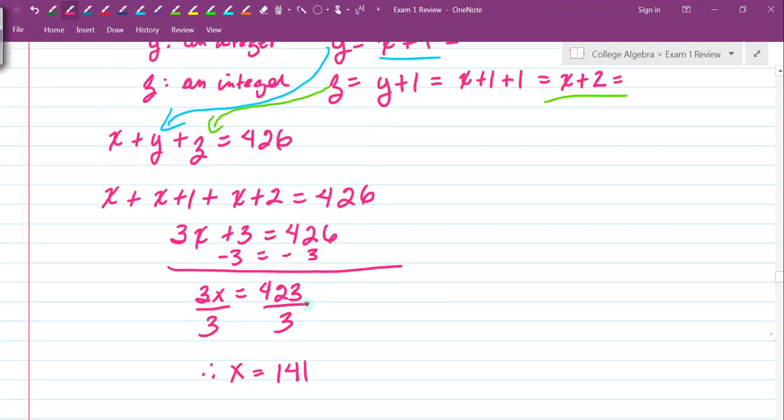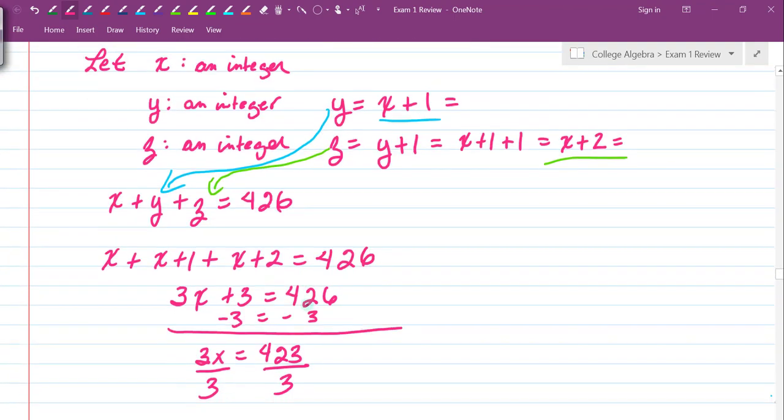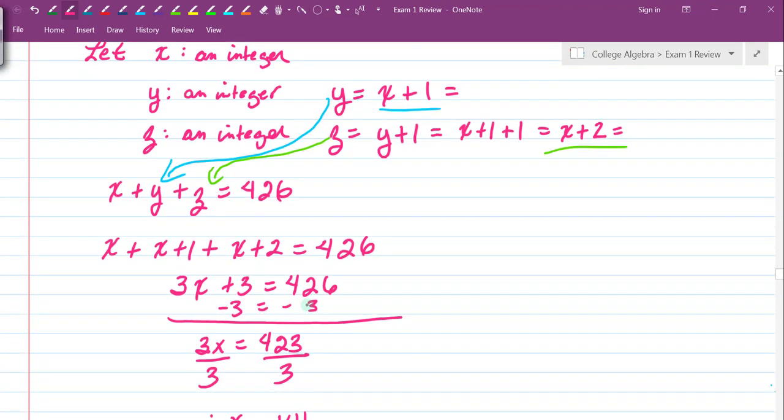So now we need to go back and solve for y. We said y is equal to x plus 1. So that's 141 plus 1, which equals 142. Now z is equal to x plus 2. Again, x is equal to 141, so that is 141 plus 2, which is equal to 143.